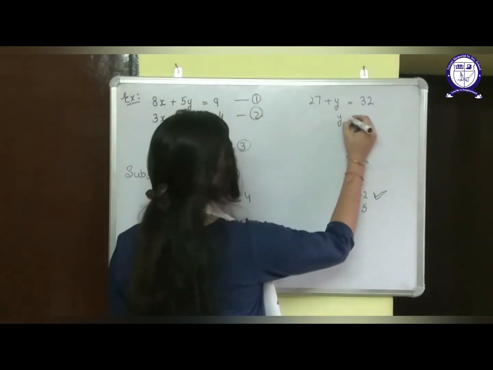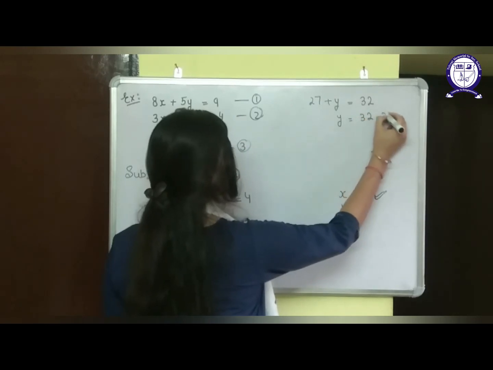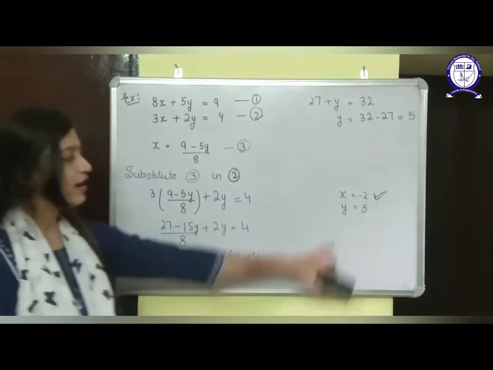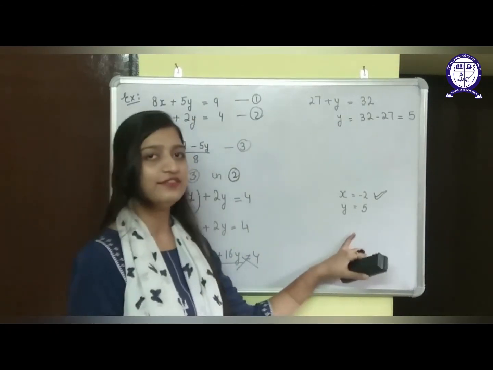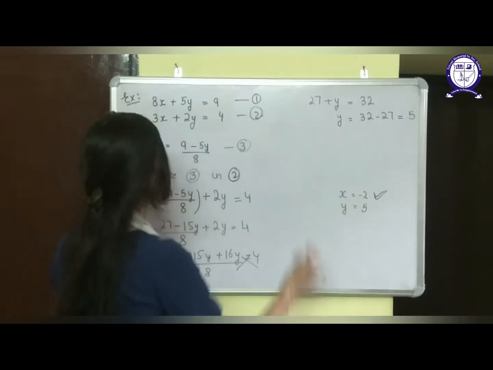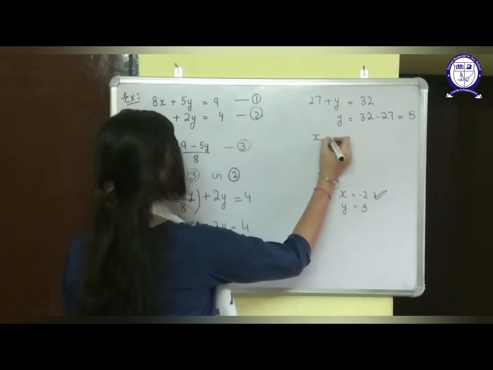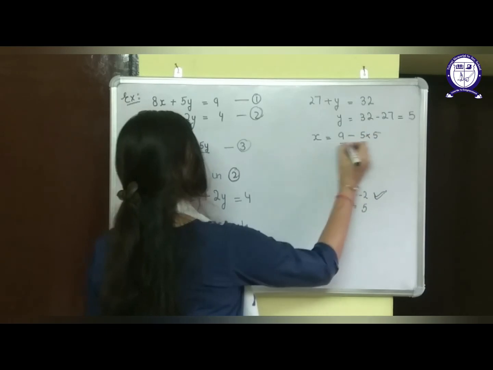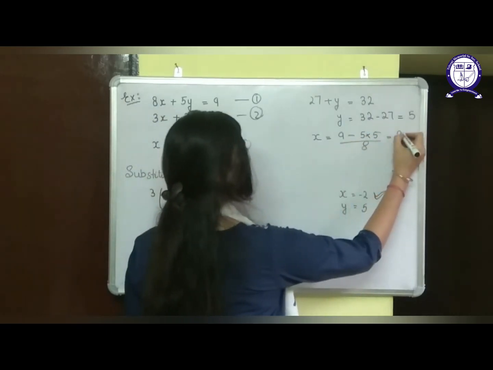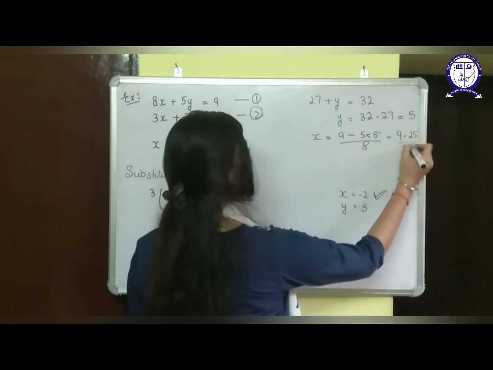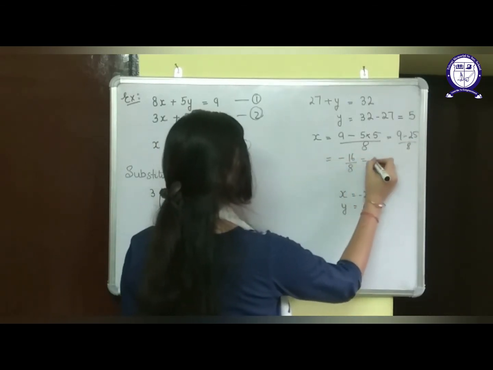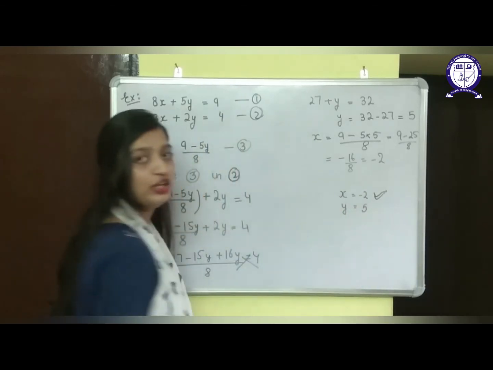And y will be 32 minus 27, which is 5. I can see that the value of y was 5 in other cases also. So my x will be 9 minus 5 into 5 upon 8. That is 9 minus 25 upon 8, and it's minus 16 upon 8. That is minus 2, and this was the value of x.